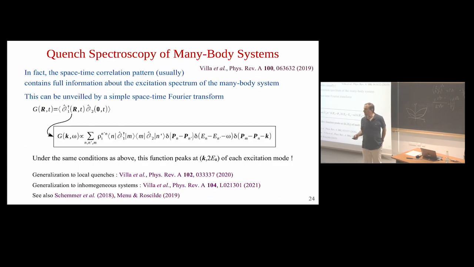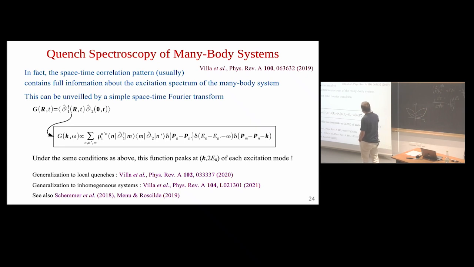The idea is very simple. We will essentially do a space-time Fourier transform of the correlation function that we have inferred previously. I go back to my initial correlation function, and I simply make a Fourier transform over the position and over the time, and then I get this formula that resembles a lot the previous one, except that I have replaced the exponentials by delta functions that peak at a frequency that is the difference between the initial and the final energies of my system.